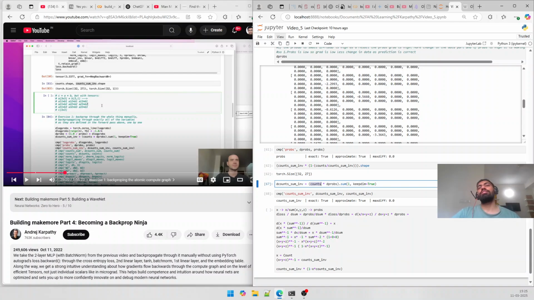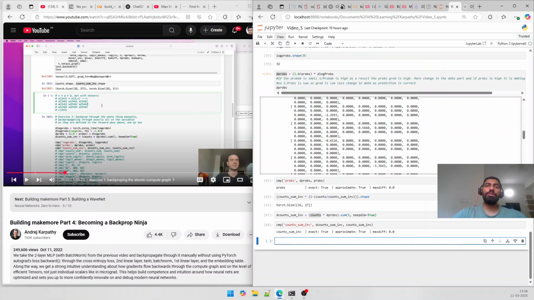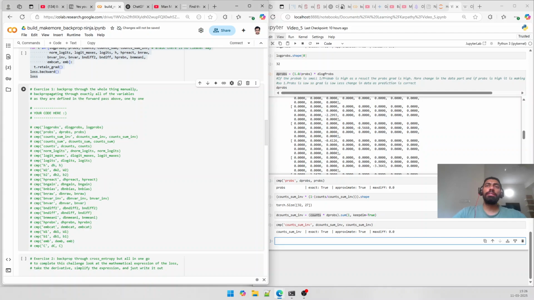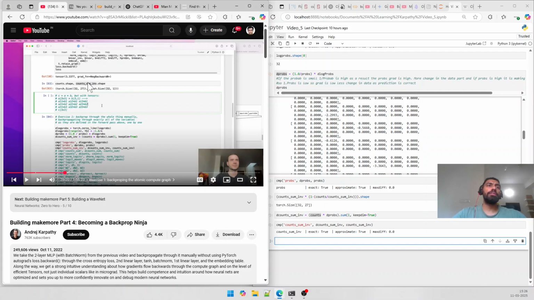That was the reason why it is only counts, and then we multiply it with the output layer probability, and then we sum it across. So that was it. I don't know if you had anything else to share.